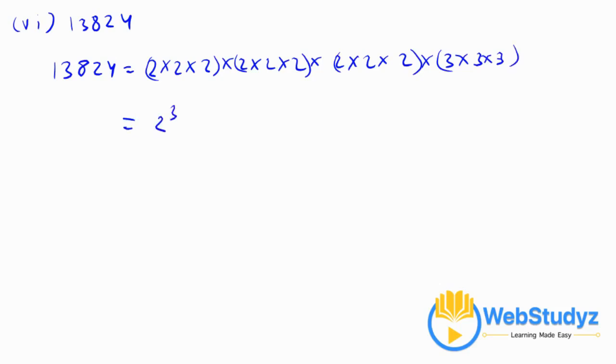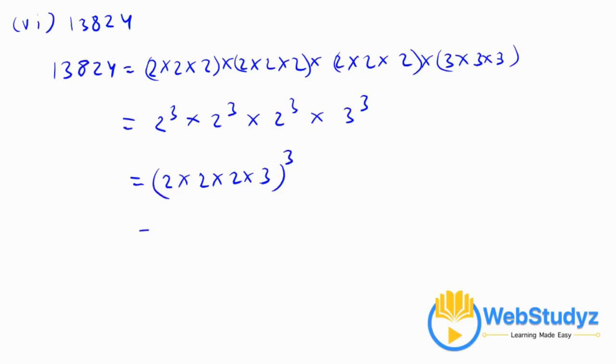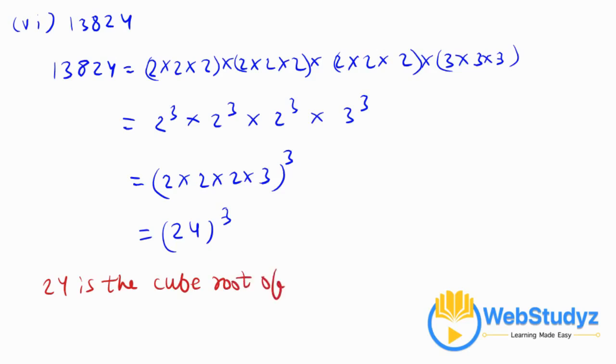That is equal to 2 to the power 3 multiplied by 2 to the power 3 multiplied by 2 to the power 3 multiplied by 3 to the power 3. This can further be written as (2 into 2 into 2 into 3) whole power 3, that is equal to 24 to the whole power 3. That means we can write that 24 is the cube root of 13824.